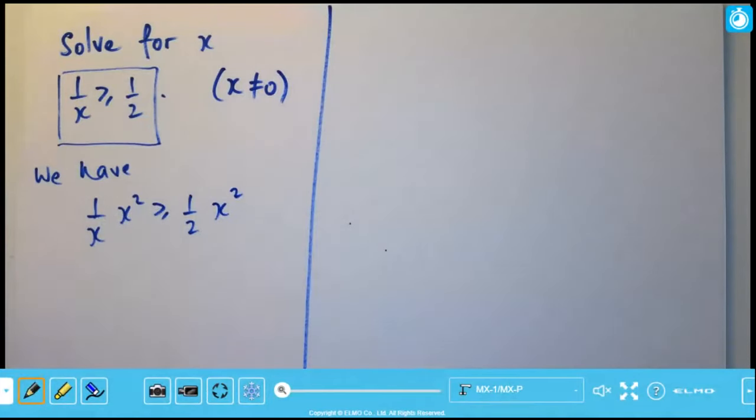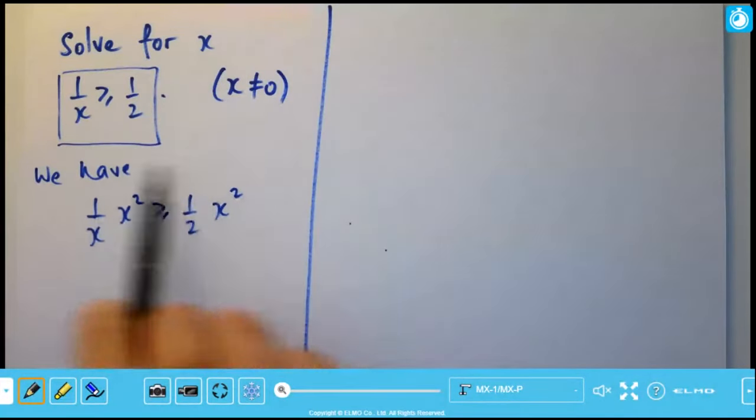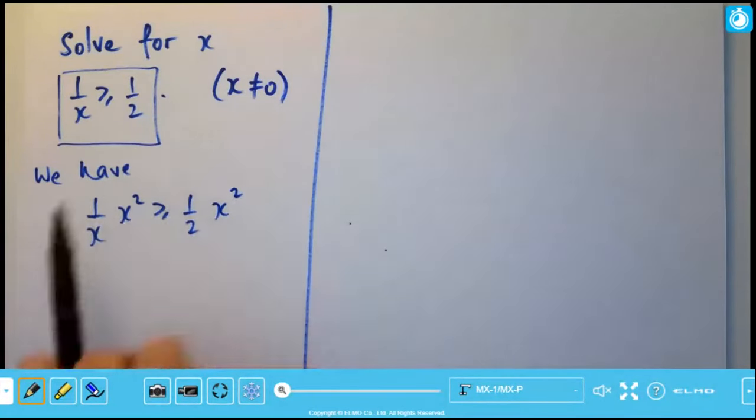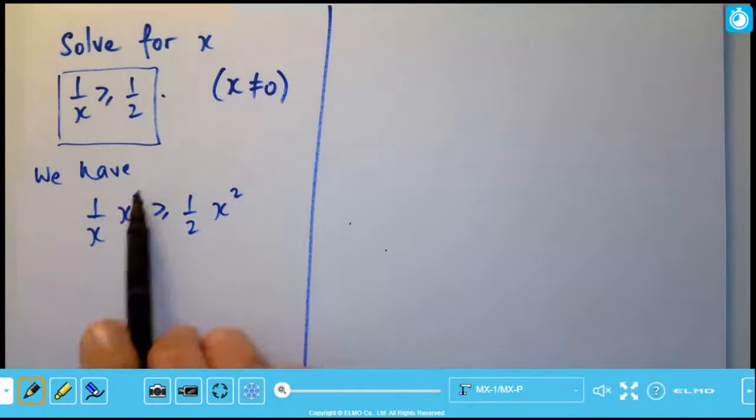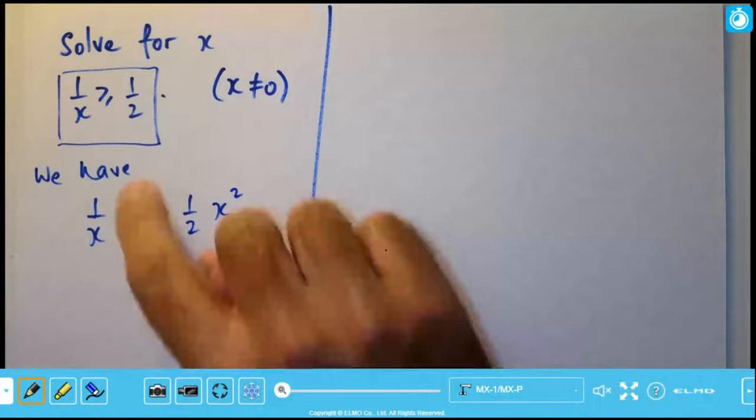So yeah, Cheng Tao, sorry. Yes, absolutely. This is the first part of the algebraic method. As long as x is not equal to 0, you can simplify this, and then you can form a quadratic equation, right?